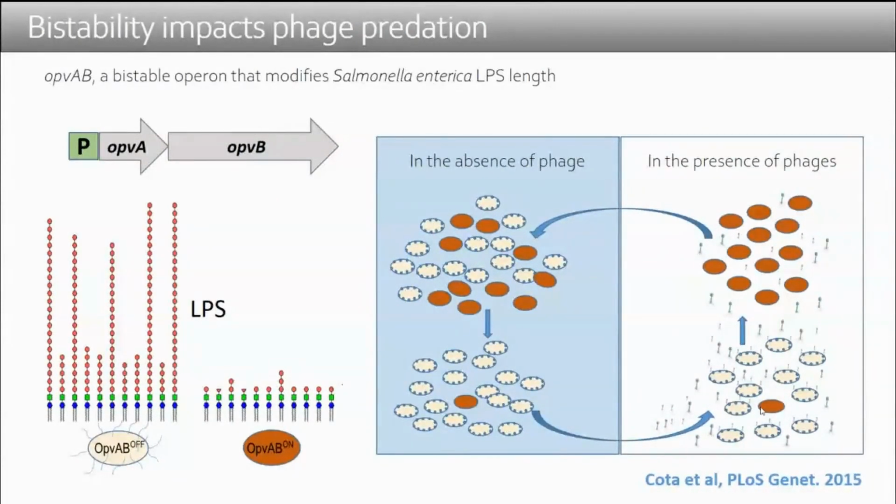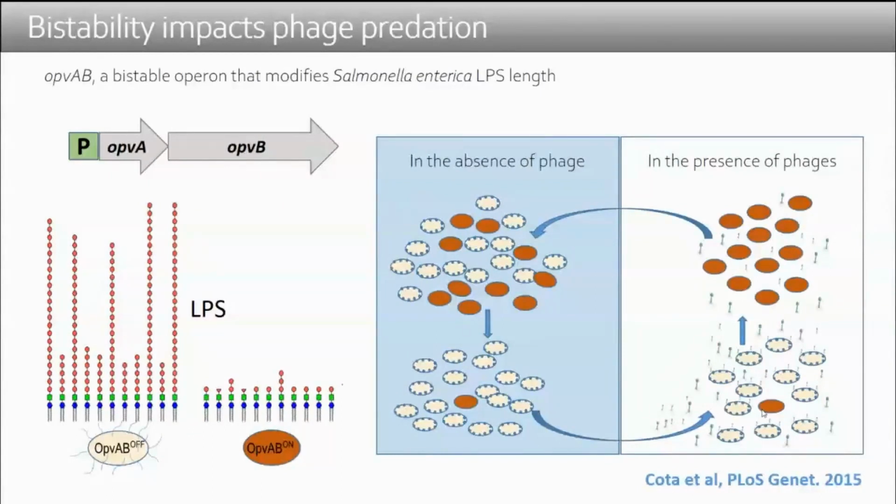And what Nacho observed was that, so he was studying the expression of the famous OpvAB operon, and I think Maritoni will talk about more later on. And the thing is that when you look at the LPS, what Nacho found is that the expression of OpvAB does not modify the nature of the LPS, but the length of the O antigen.